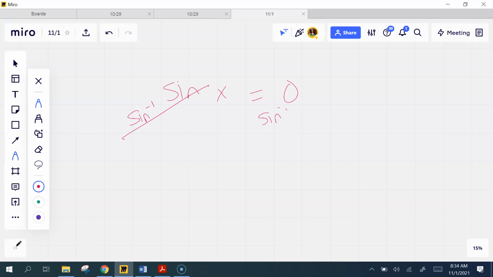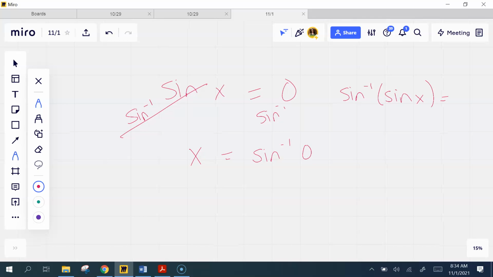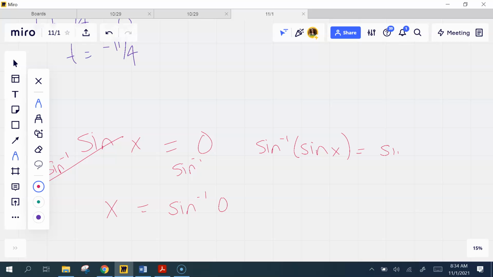That's going to cancel this out here and just leave x, and leave me with inverse sine on this side. Are you dividing it? You're not really, you're just taking the inverse sine of the sine of x. You're taking the inverse sine of both sides.